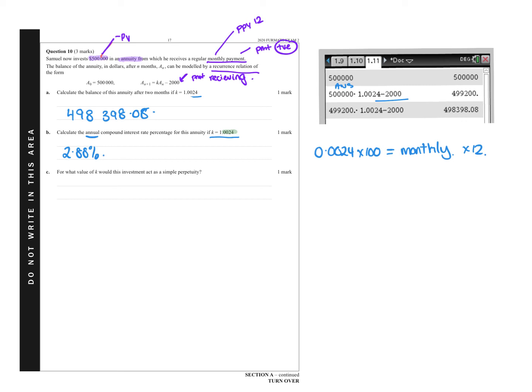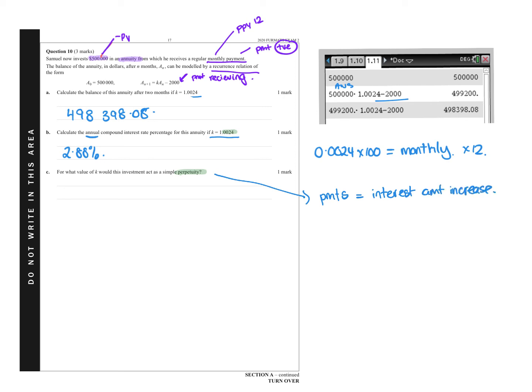Okay, what is the value of K? For what value of K would the investment act as a perpetuity? So what you have to know is that for a perpetuity, your payments need to equal the interest amount increase.